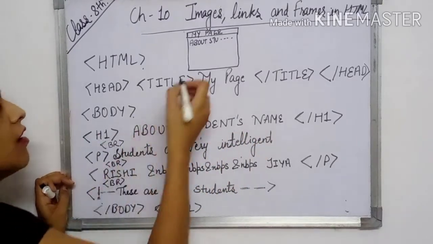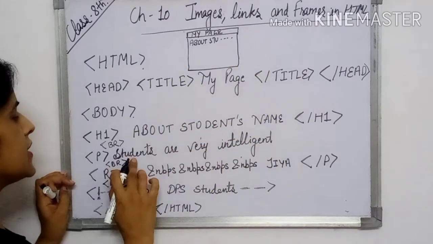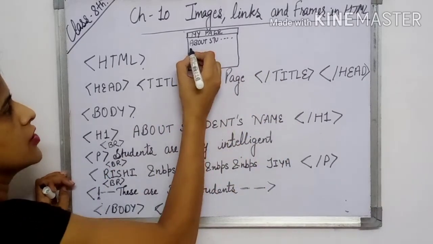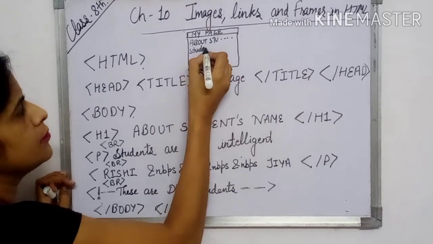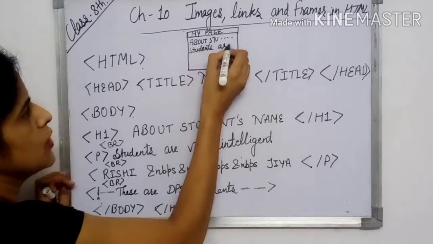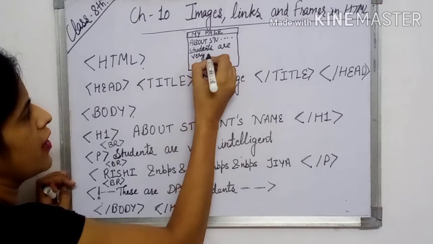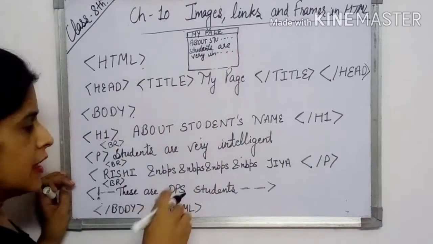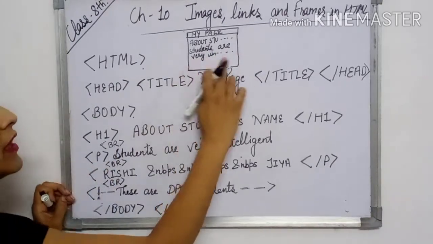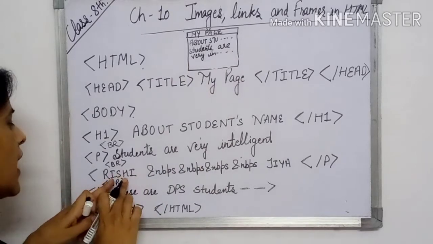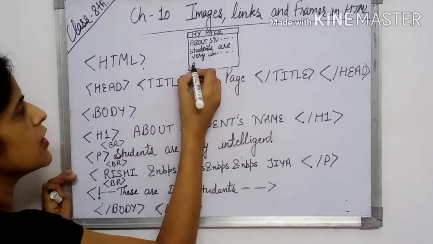Next is the paragraph. Then the paragraph will be started. Students are very intelligent. Now here it will be written, students are very intelligent, and then again there will be the line break, and then I have written Rishi. Which students are intelligent?